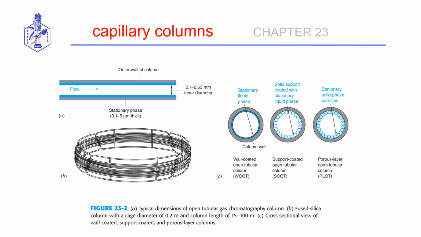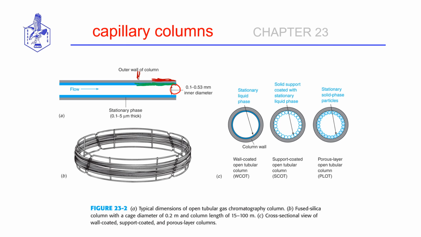Well, it's got a metal sleeve on the outside. This little gray area right here is a rigid metal sleeve. And then on the inside, we are going to have some source of our stationary phase material along the inner wall. Then there's going to be an open section.